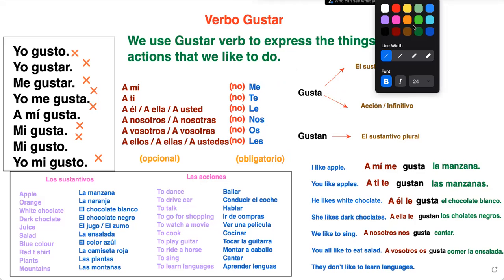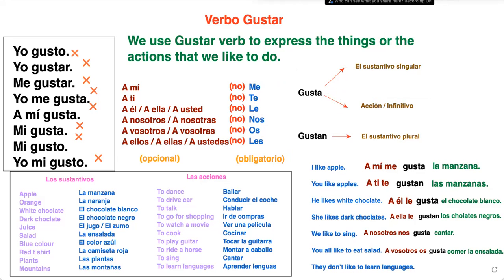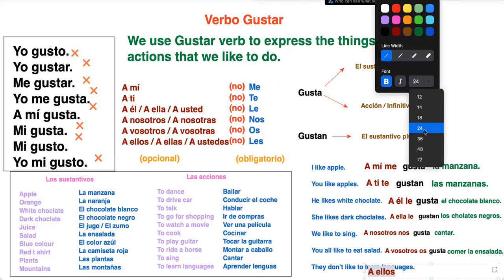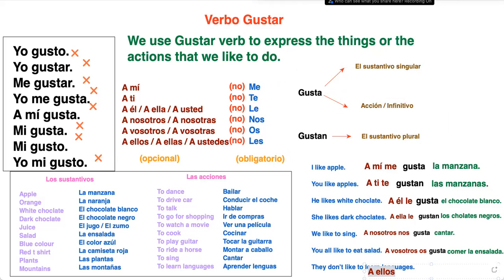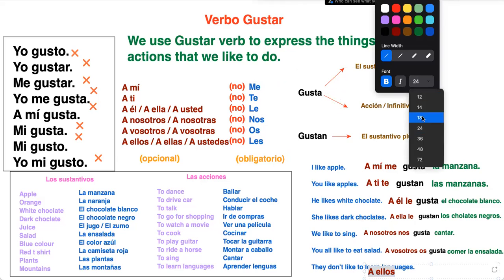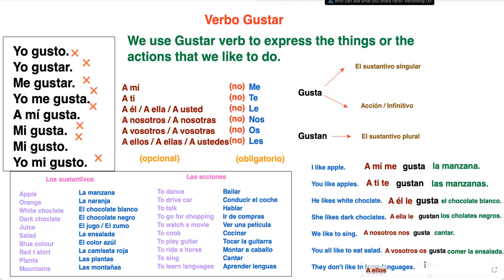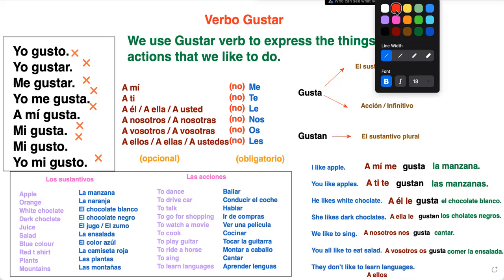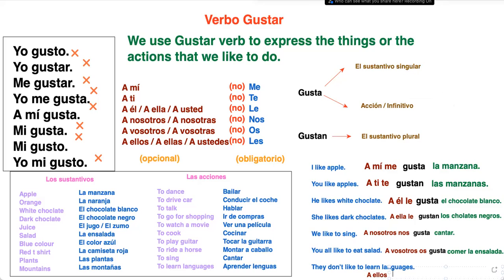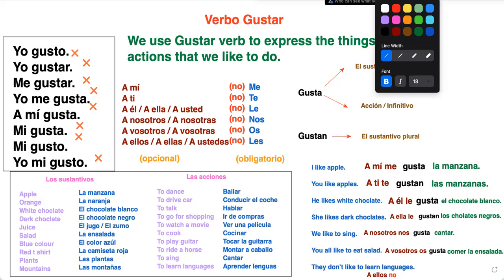A os, in case of the gustar verb only, not generally. So I'm writing it just here. It may look colorful, but these colors are going to be very helpful for us to understand which part we are talking about. It's a negative sentence, so no, just before the verb or just after the pronoun. No, les.